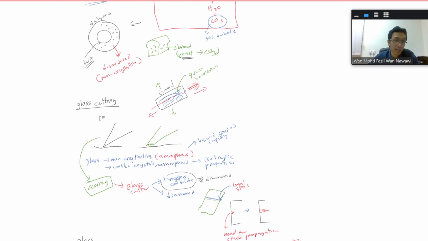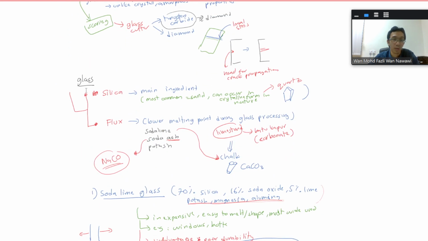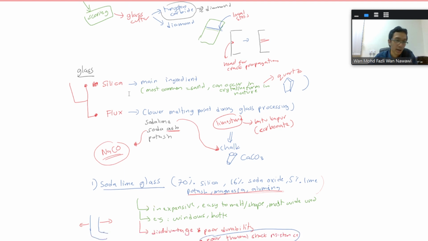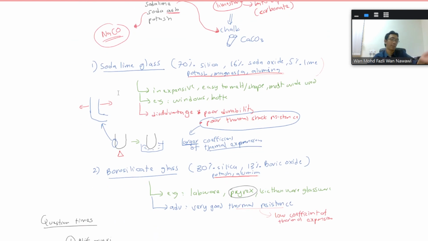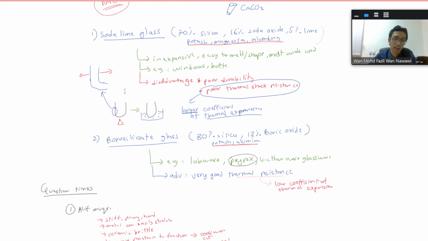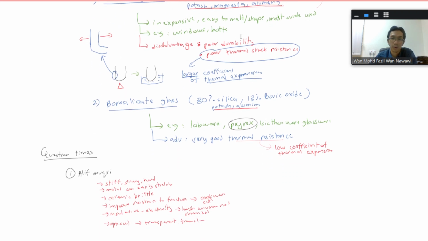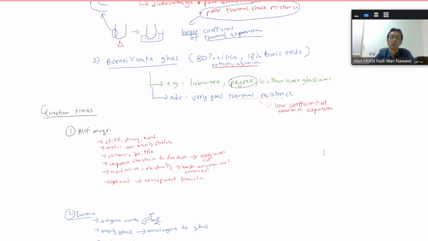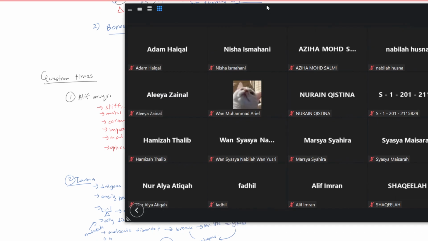We also learned about glass cutting, how the ingredients make glass, and two types of common glass. There are many types, but we are focusing on only two. And we learned about thermal resistance, and what is meant by coefficient of thermal expansion and so on. So I think that's it for today.